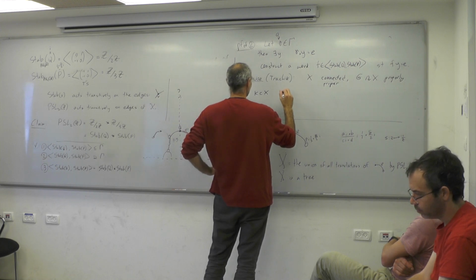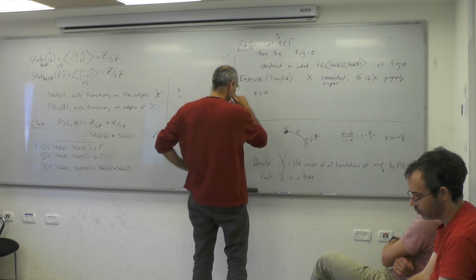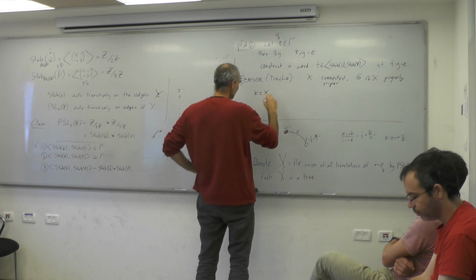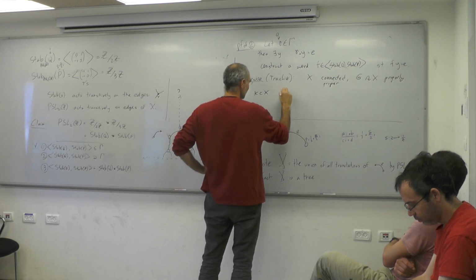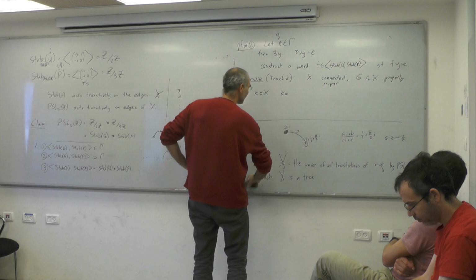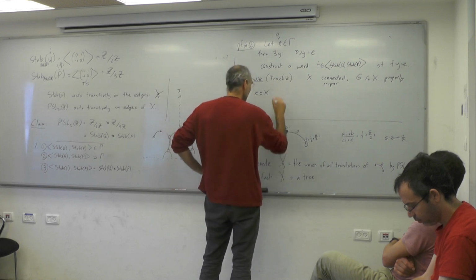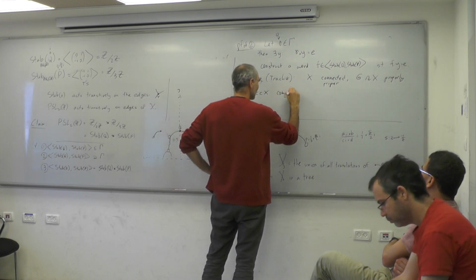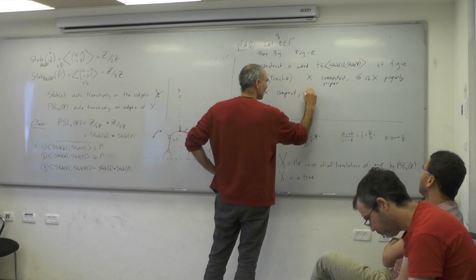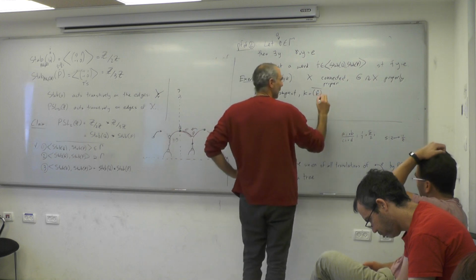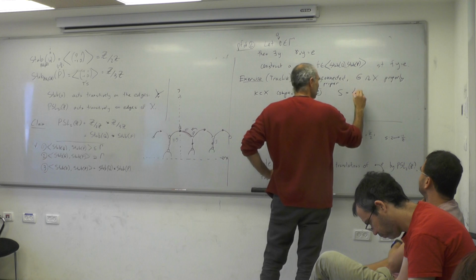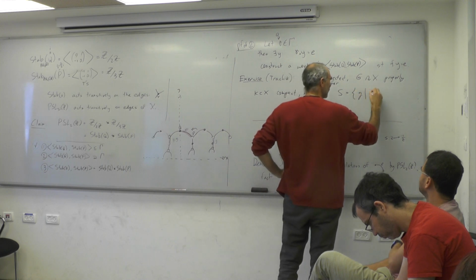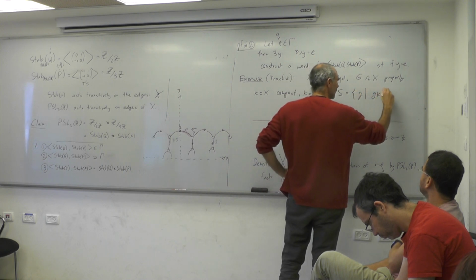So let's say that K is compact and equals the closure of X and K. And now define S in G to be all the g's such that gK intersect K is non-trivial.